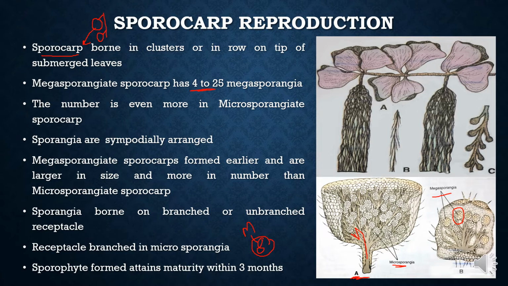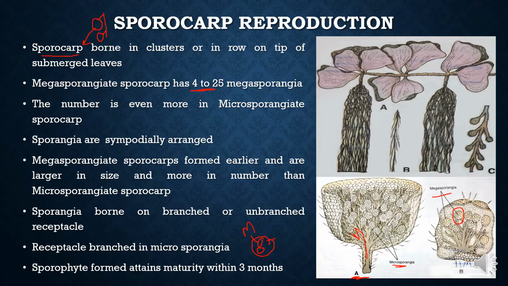The outermost layer is hairy, the outer and the middle layer have a vacuole in between them, and the innermost layer is tapetal in origin. That is, after a certain stage, this inner layer disintegrates and adds to the nutritive fluid.